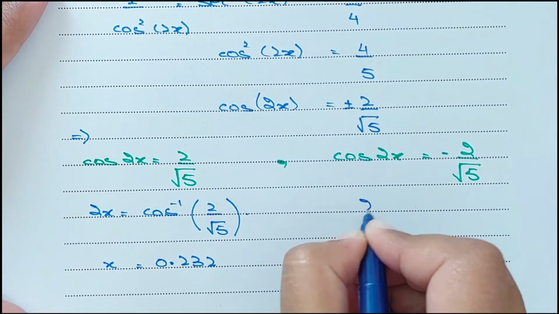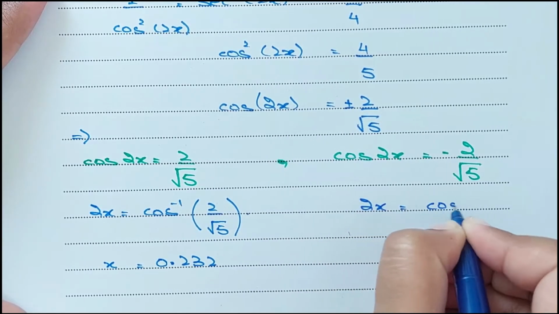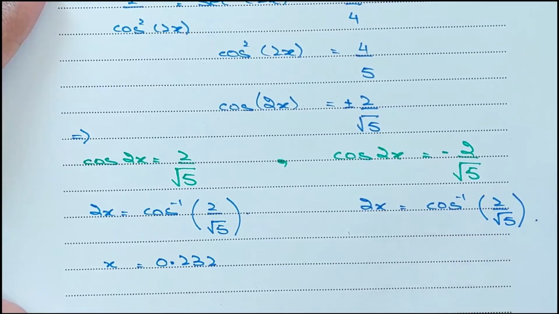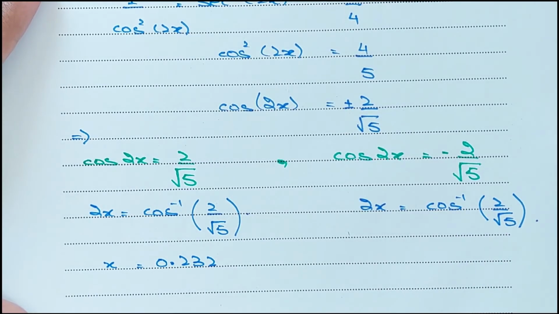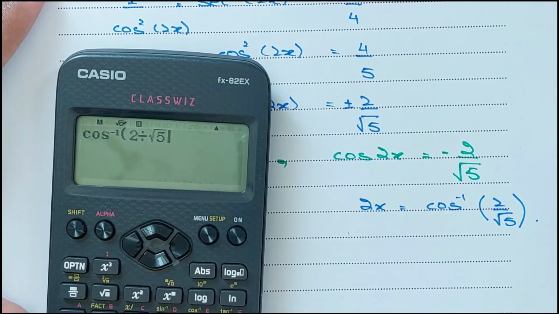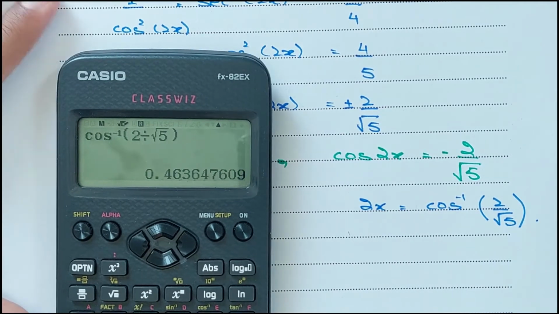Let me calculate the other one. 2x is cos inverse of 2 over square root of 5. We have to do the positive one, and then we can check in which quadrant cos is negative. So cos is negative in the second and third quadrant, right? Okay, so cos inverse 2 divided by square root of 5 is this, right?